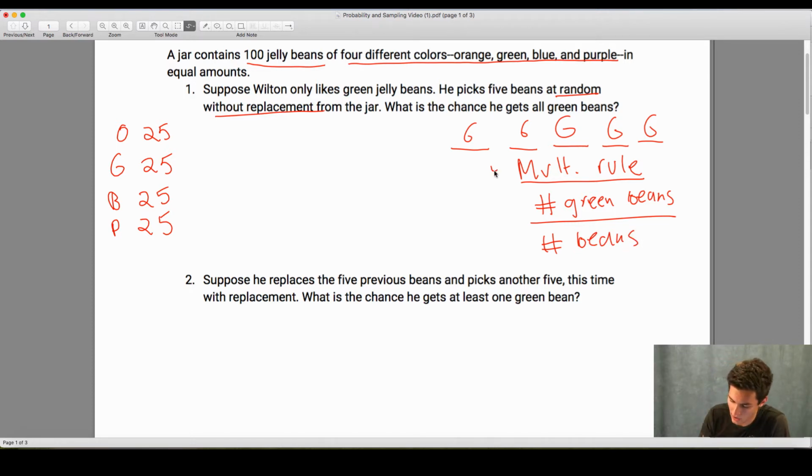I'm using these two ideas that we talked about in lecture, and let's see what we get.